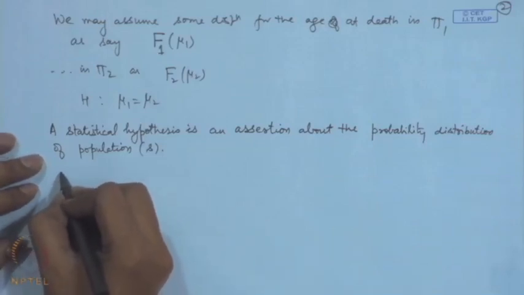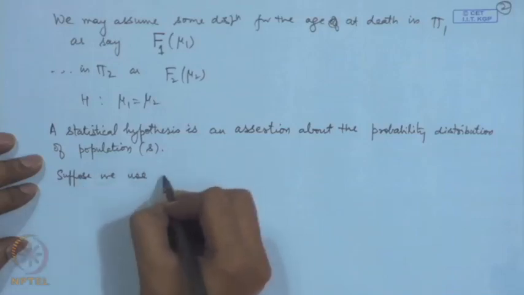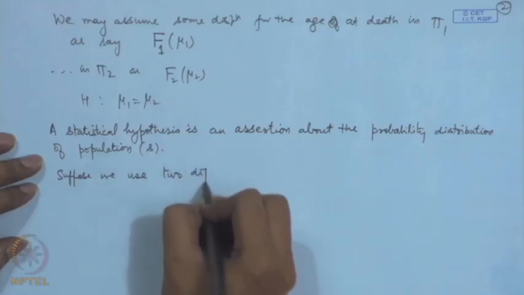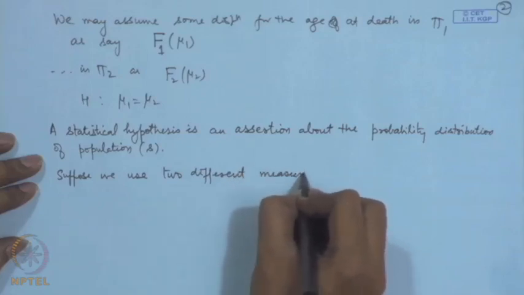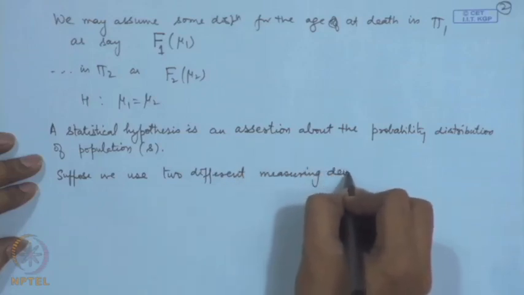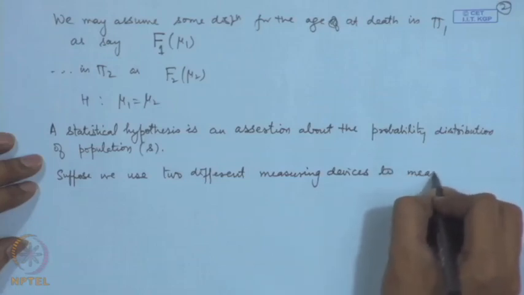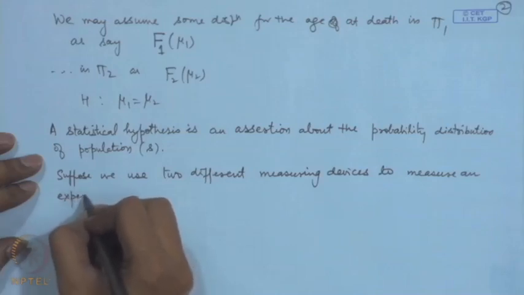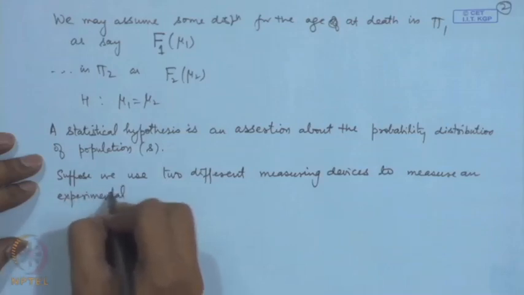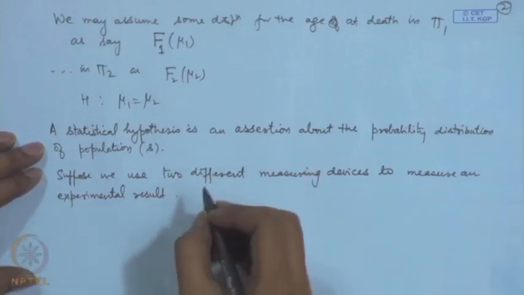Let us consider, suppose we use two different measuring devices to measure an experimental result. So, some outcome is there from the experiment and we are using two different measuring devices.